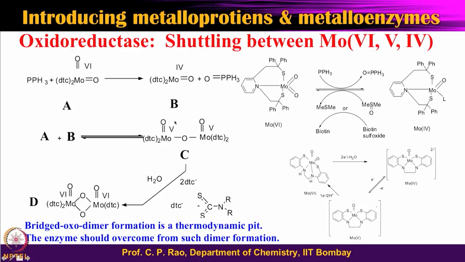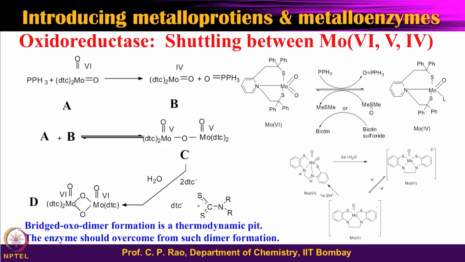So, you get a molybdenum 5 with a bridging oxo. This is also very susceptible to reaction with water. When water is present, it can even form dioxo and go back to molybdenum 6. So, you can see molybdenum 6 going to 4, going to 5, going to 6. This is what I mean by the shuttling between molybdenum 4, 5, 6.